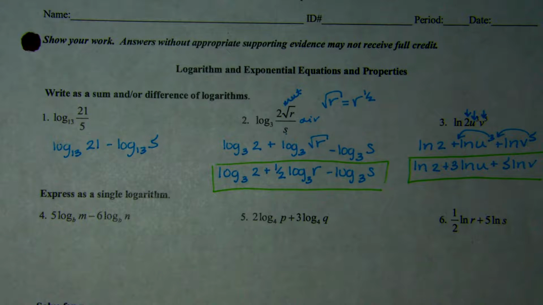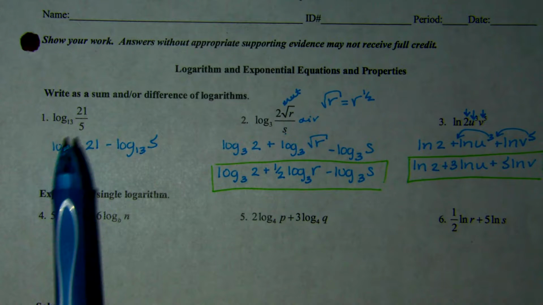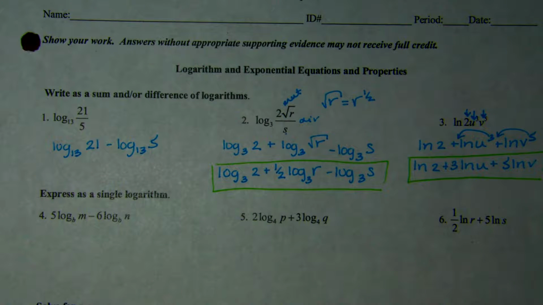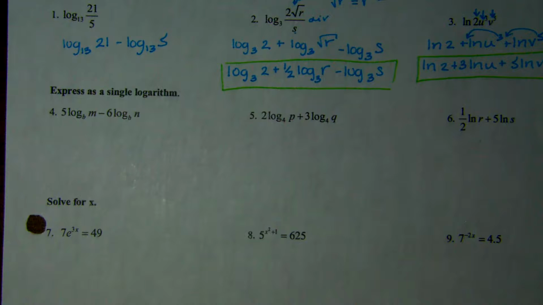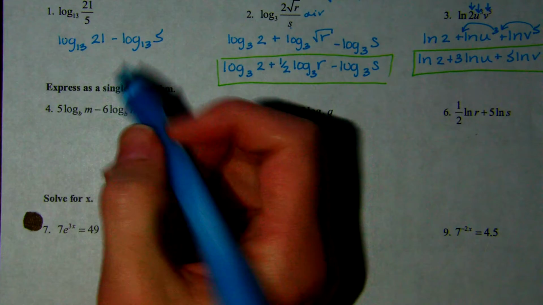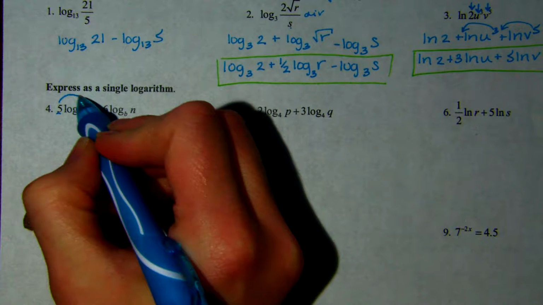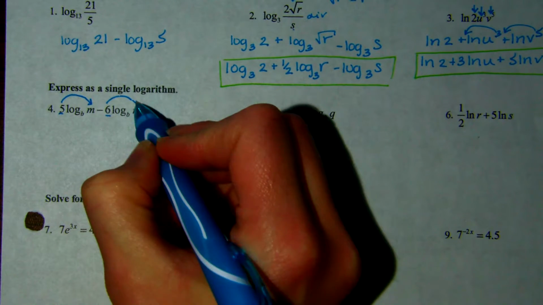All right, 4 through 6 wants you to put logs back together. So when we're taking them apart, we break them apart based on multiplication or division, then deal with the exponents. When you're putting logs together, you deal with the exponents first. And so right here I've got a 5 and here I've got a 6, and I put those numbers back first.